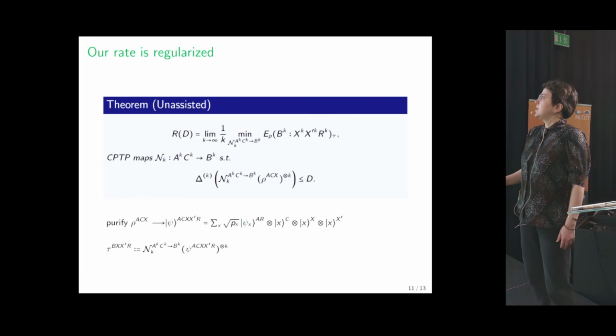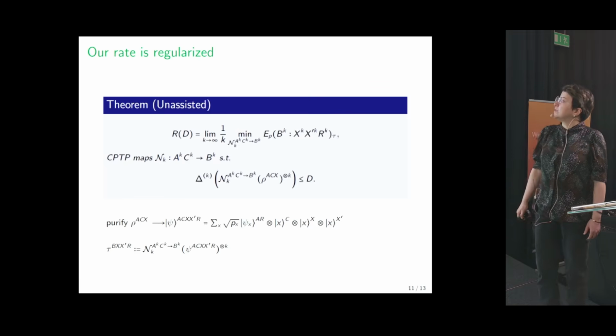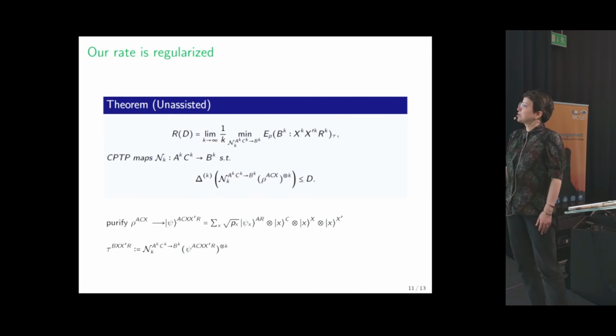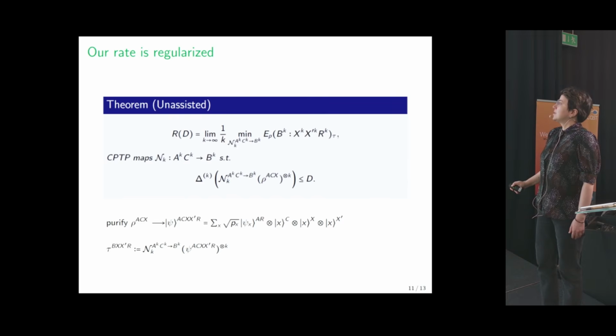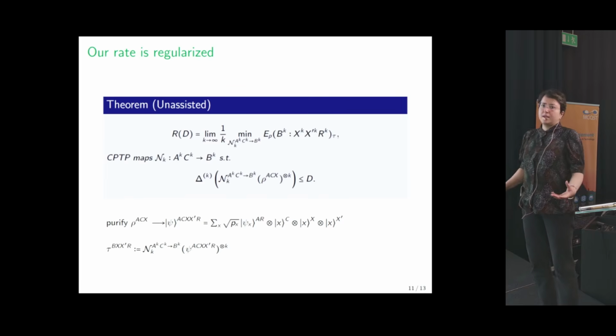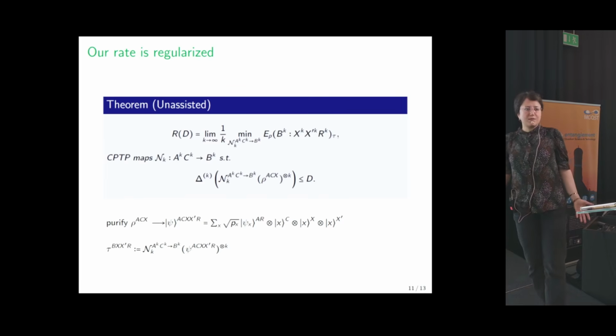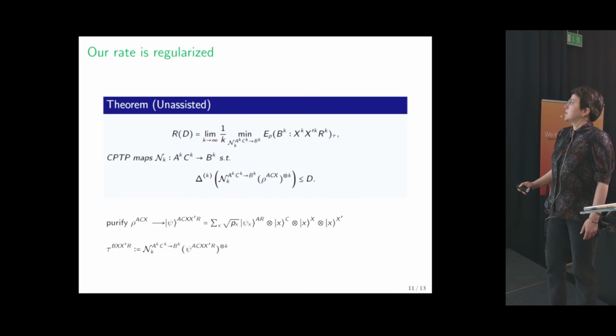So when we don't have any access to free entanglement, the rate distortion function that we obtained is this crazy formula here. So it depends on the whole sequence of data. It's entanglement of purification, first of all, which is not known to be additive or not. That's one difficulty. The other thing is that the minimization is over CPTP maps that depend on the whole sequence of data.